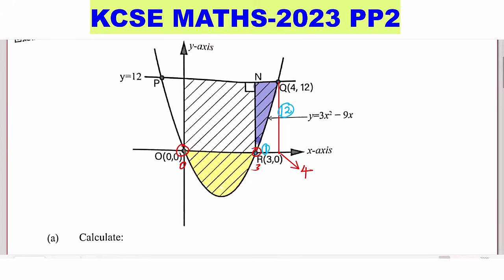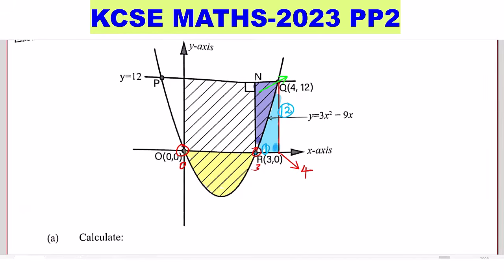So you will get the shaded area by getting the area of that rectangle, which measures 1 by 12. Then you subtract the area that is under the curve from 3 to 4. And the area under the curve, let me shade it. The area under the curve is this area that is here. That is what you're going to subtract. So we shall get the area of that shaded region, and this is the required region.